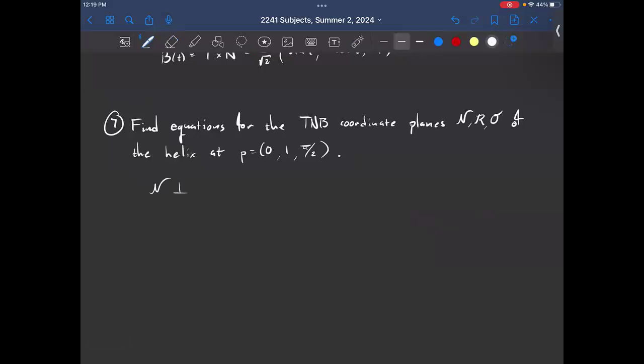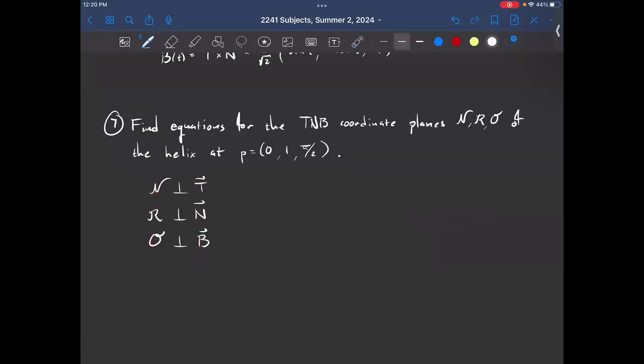The normal plane is orthogonal to the T vector. The rectifying plane is orthogonal to the N vector, and the osculating plane is orthogonal to the B vector. So I wrote these in order T, N, and B, to make things a little bit easier.